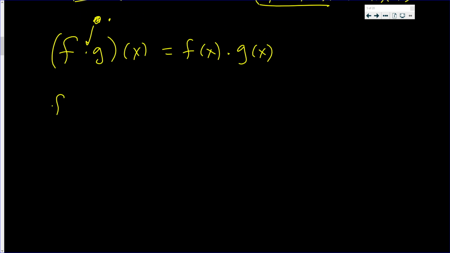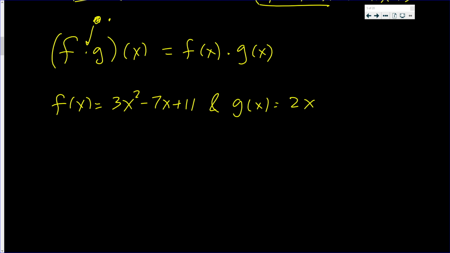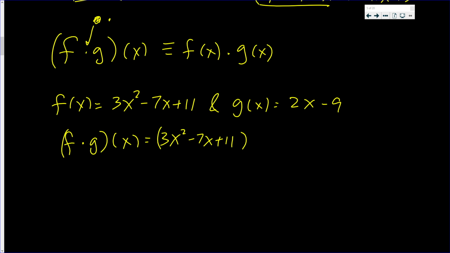g of x. If f of x is, I don't know, 3x squared minus 7x plus 11, and g of x is 2x minus 9, then f times g of x is equal to f of x times g of x.